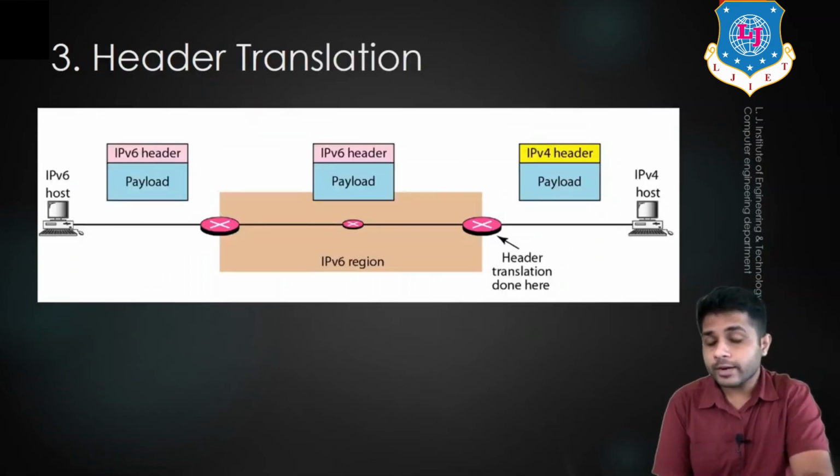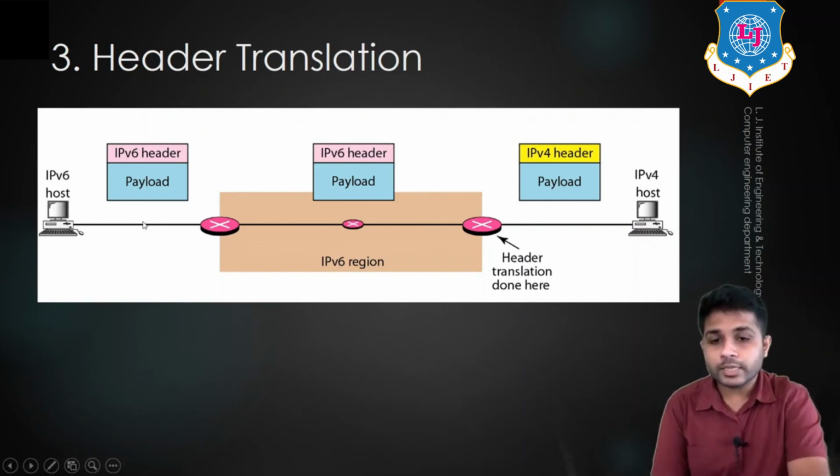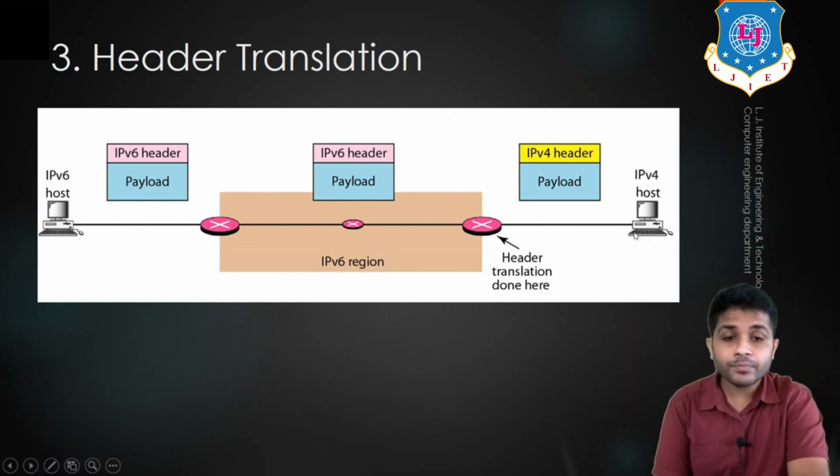Now the header translation. As the name suggests, using header translation we are simply translating the header. You can see that there is one IPv4 device which is sending some packet to IPv6, and because IPv4 cannot understand IPv6, the router which is present in the IPv6 region will translate the header.